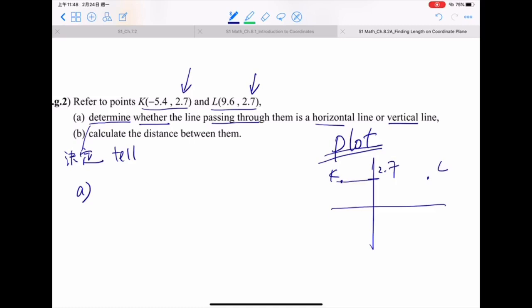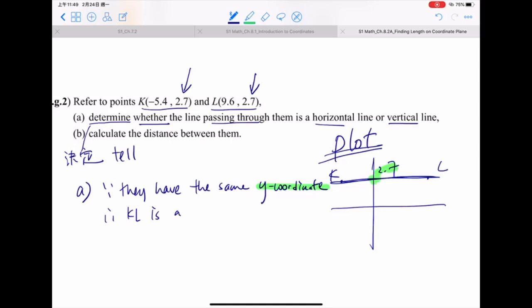So this is a horizontal line. We can give the reason because they have the same y coordinates. Therefore, KL is a horizontal line.